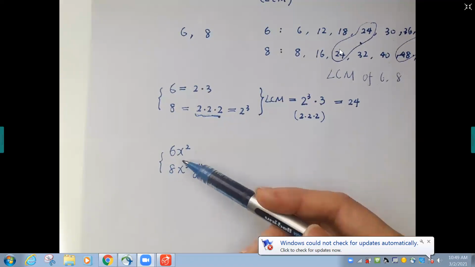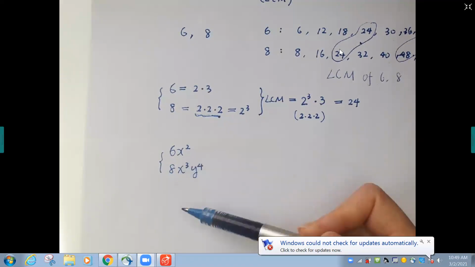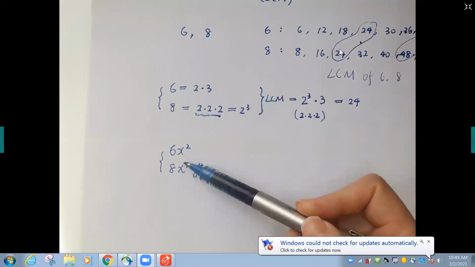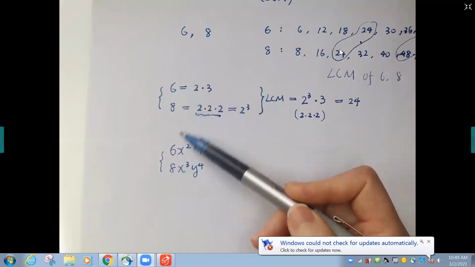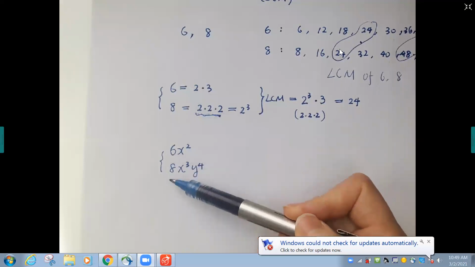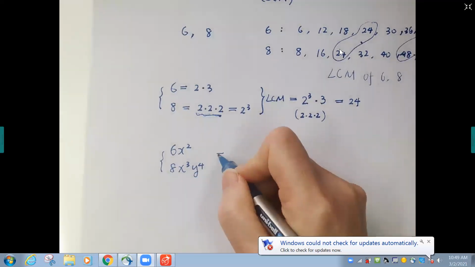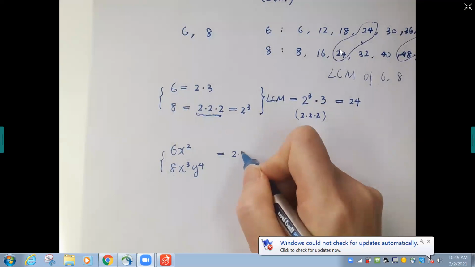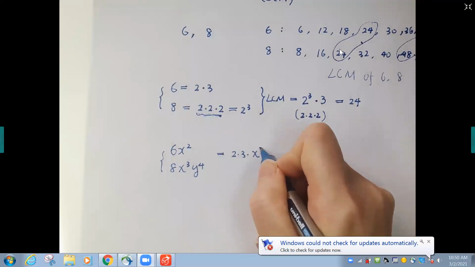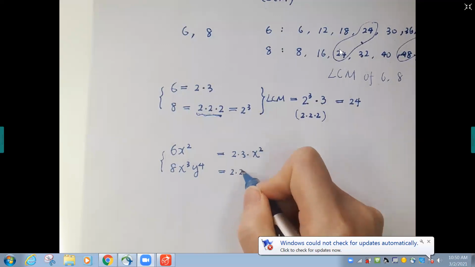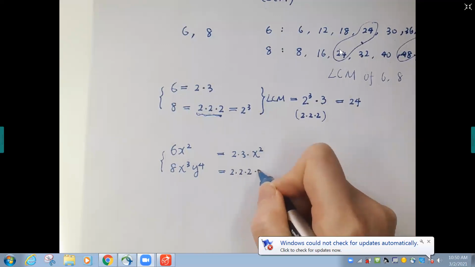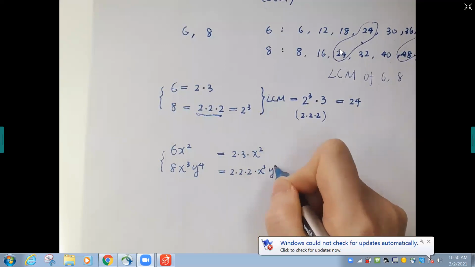I start by factoring each polynomial. For this monomial, the only thing we can factor is the 2 numbers, as we have done before. So 6 and 8, we can factor them as 2 times 3, and then keep the x here. 8 equals 2 times 2 times 2, and then x to the third, y to the fourth.